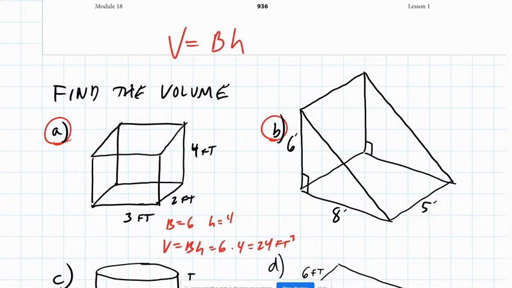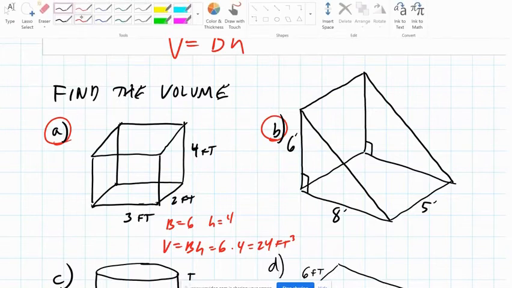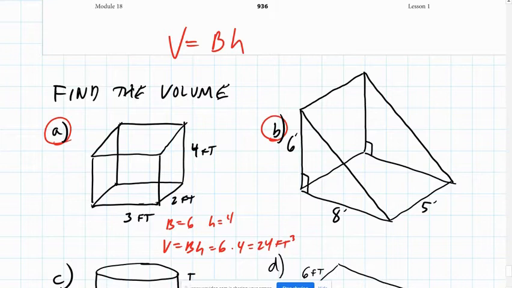And one thing that's tricky about this one is figuring out what your base is. Normally, for most of the figures we've looked at so far, the base was the bottom. But in this case, this cannot be our base, because for a prism, it has to have two bases that are parallel and the same figure, and we don't have that in this case.